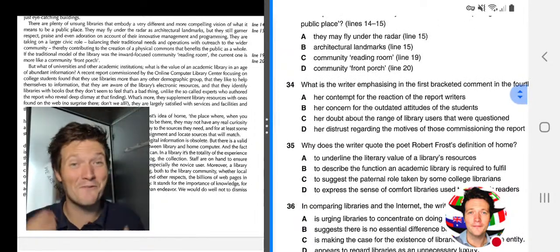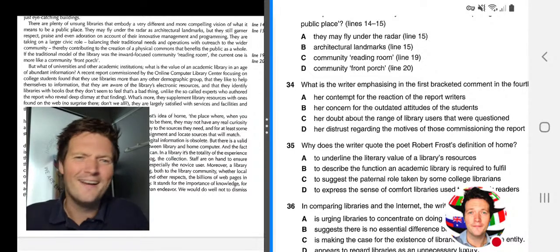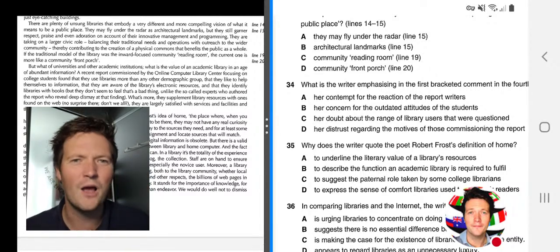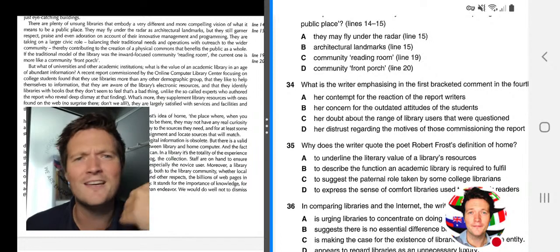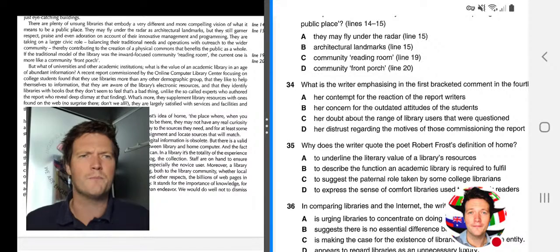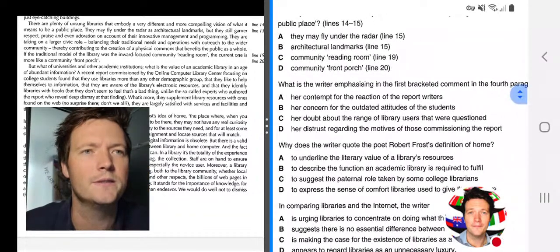I think she does have a bit of contempt for their reaction, right? She's like, they're idiots. The people who go to libraries all the time, students, are the people who are consuming it, and they obviously associate libraries with books, and they don't think that's a problem, but you do. Why do you think it's a problem? I think she does have contempt for the reaction of the report writers.